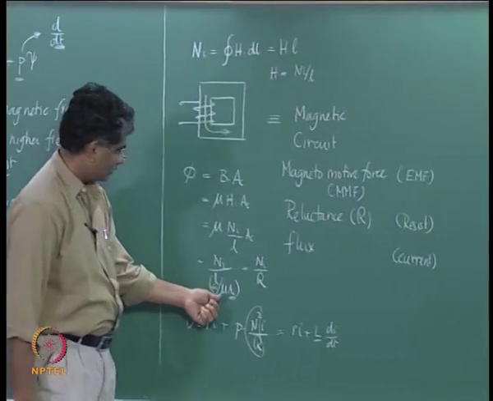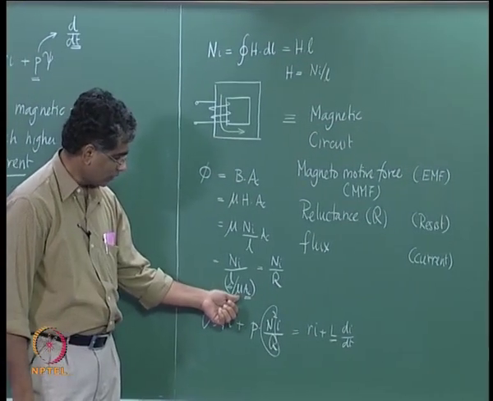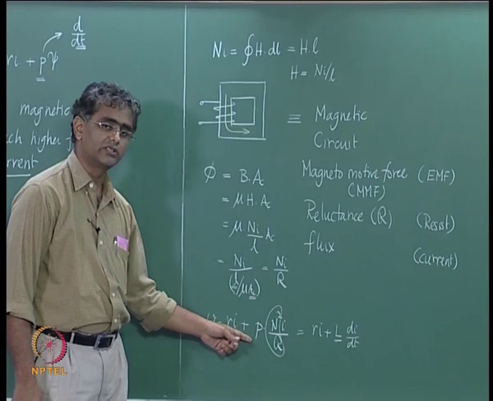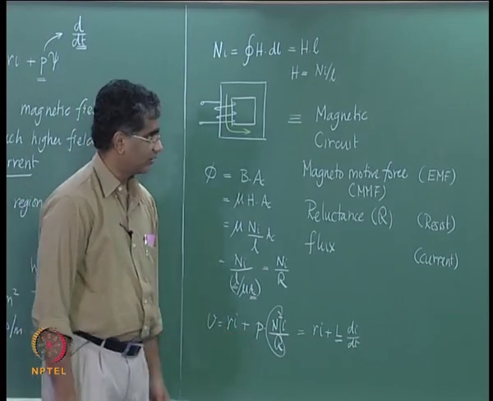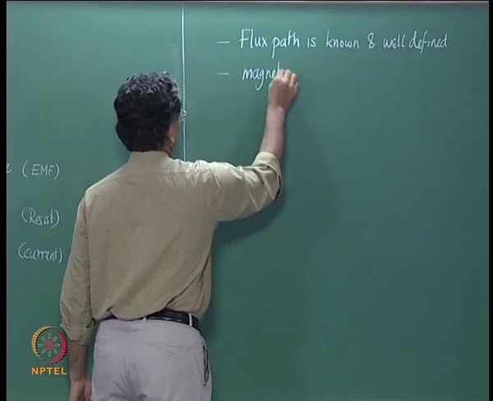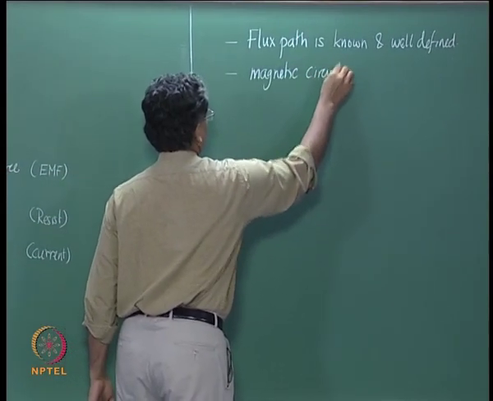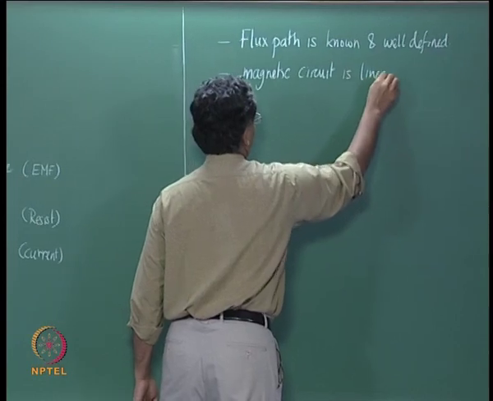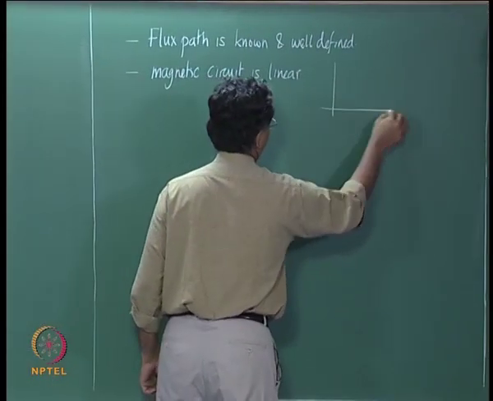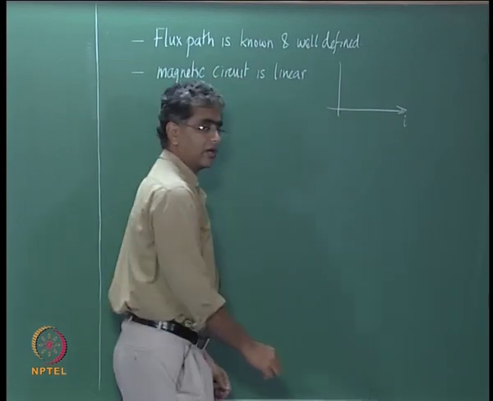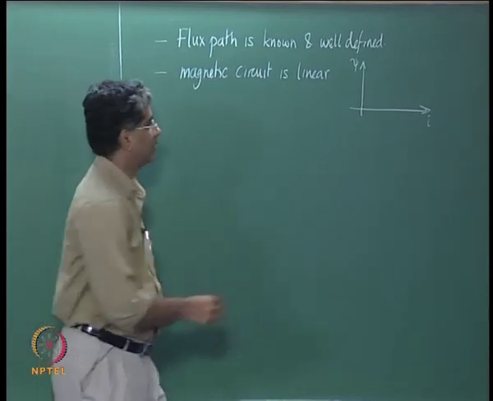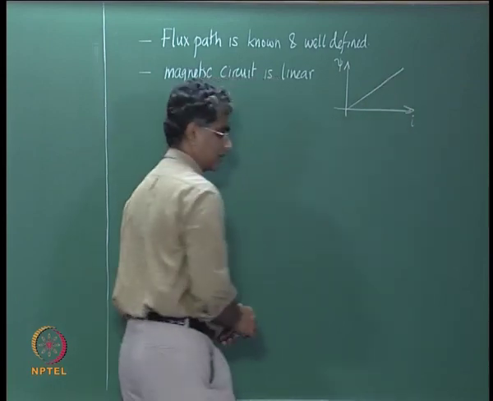The second assumption is that we have taken L by mu AC, that is the reluctance, out of the differentiation operation, and therefore we are implicitly assuming that the magnetic circuit is linear, which means that if you plot I and then plot the flux linkage as a result of flow of current, then this relationship is a straight line.